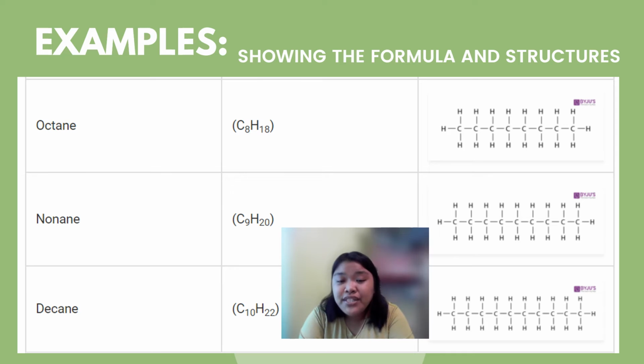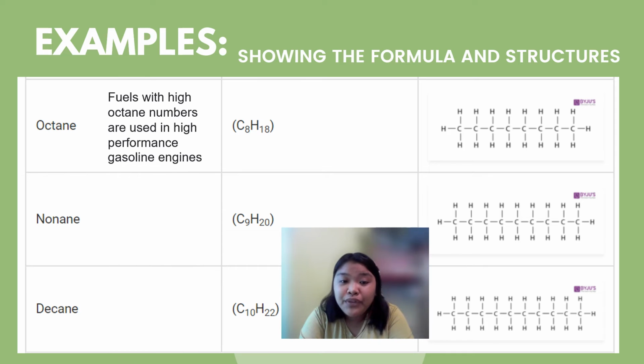So, uses of octane. Use of octane is here. Okay, let me read. Fuels with high octane numbers are used in high-performance gasoline engines. So, usually, magamit ang kanisya sa cars, engines man, gasoline engines. Nonane, used as a heating, tractor, and jet fuel.